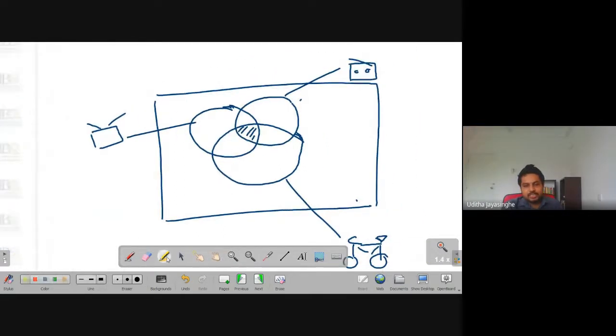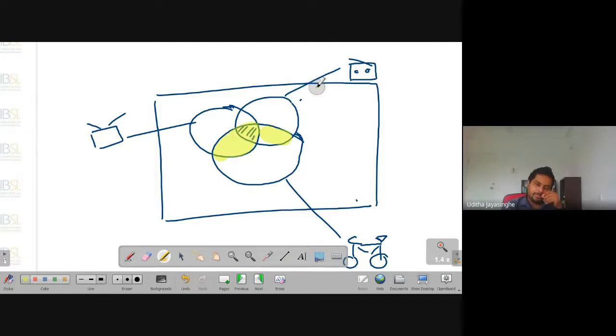What is this particular area? Something like this one. Households who are having radios and bicycles. Something like this particular area. Households having televisions and bicycles, but some may have radios also.